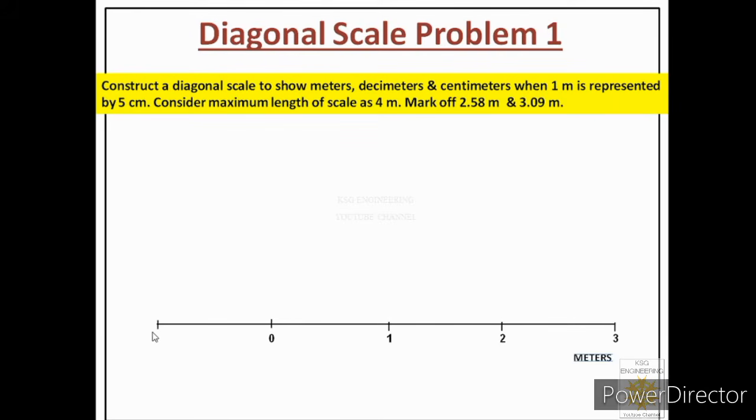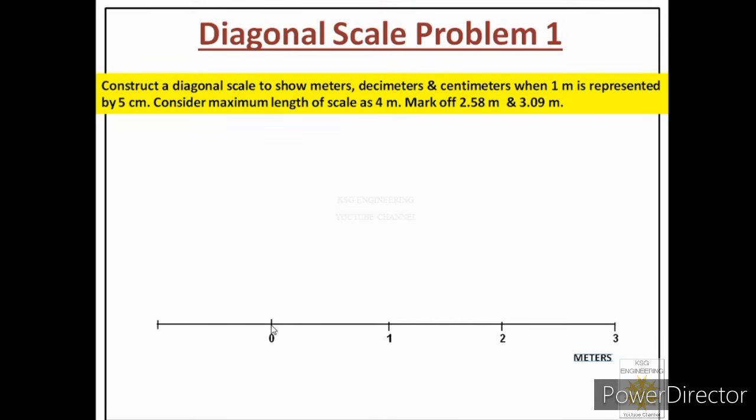Okay, now let us see what is the length of this part. The length on the drawing is 5 centimeters and it is representing 1 meter. Now we know that we have to convert this into decimeters. So 1 meter is equal to 10 decimeters. So we will divide this part into 10 equal parts and each part will represent a decimeter. And the length of this part is 5 centimeters.